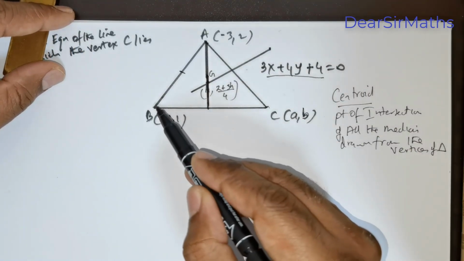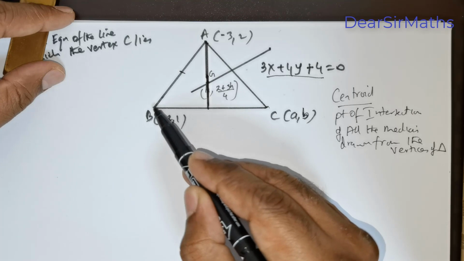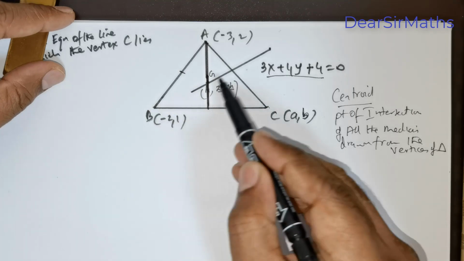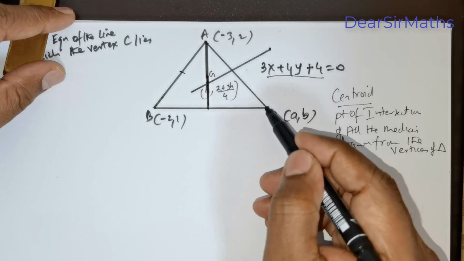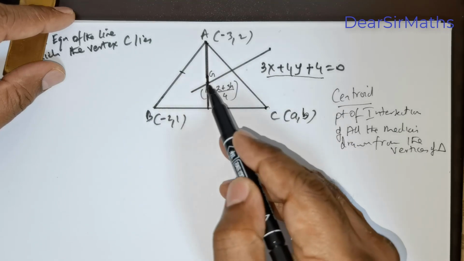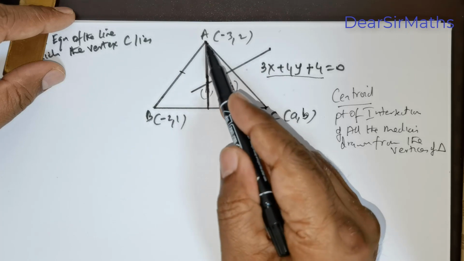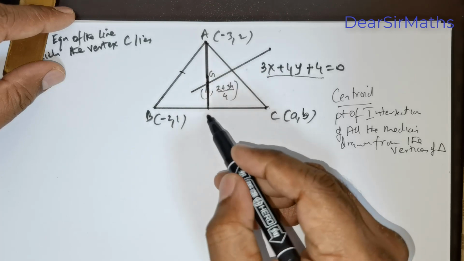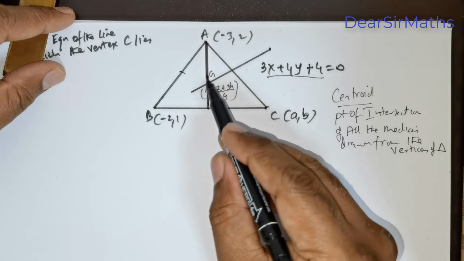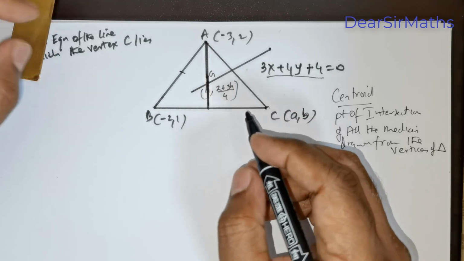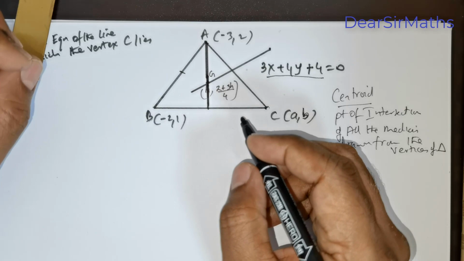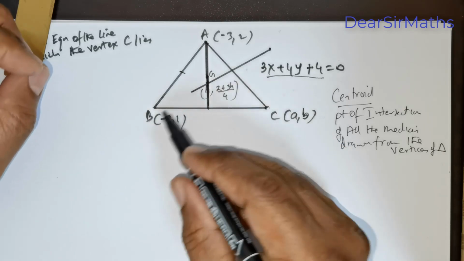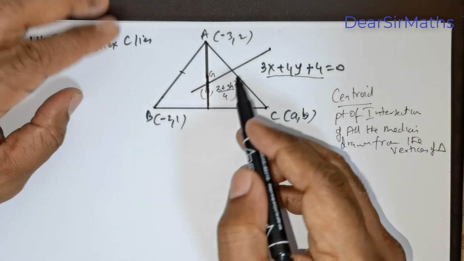If I were to draw a median from B to the opposite side, that would have an intersection here. If I were to draw a median from C to the opposite side, that will have an intersection here. I already showed you the median drawn from A to the opposite side. There is an intersection at the centroid. The centroid is nothing but the point of intersection where all the three medians meet.